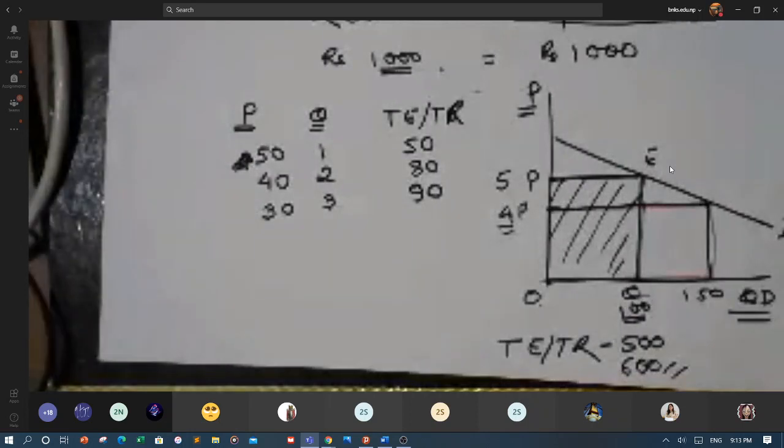What should you do with the price: increase the price, decrease the price, or keep the price constant?